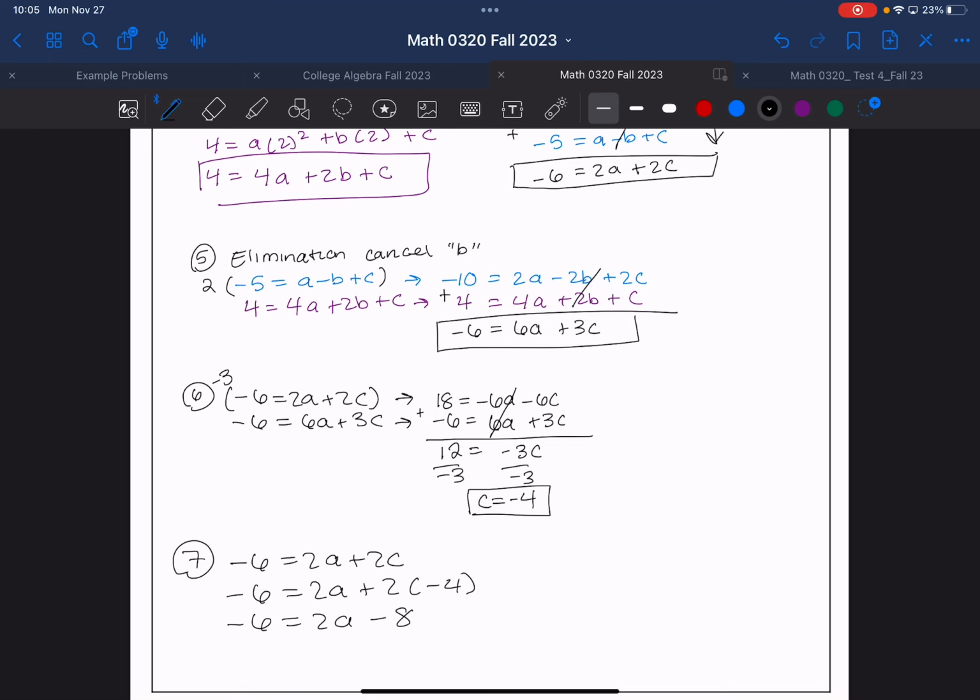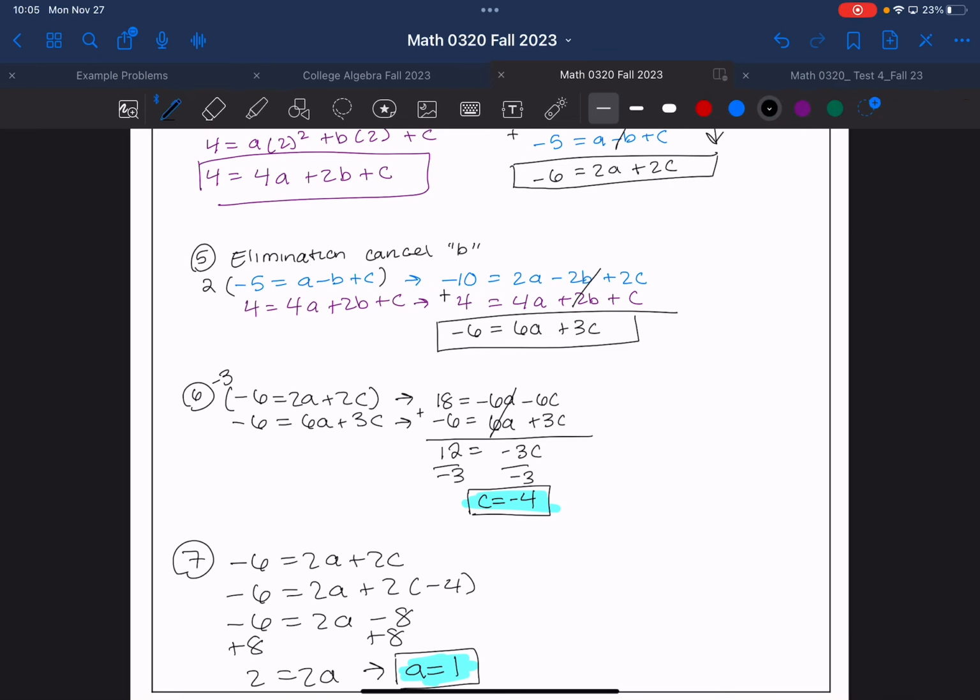We're just solving for a now. Add 8 to the other side. 2 is equal to 2a, which means a is equal to 1. So we found C and we found A.